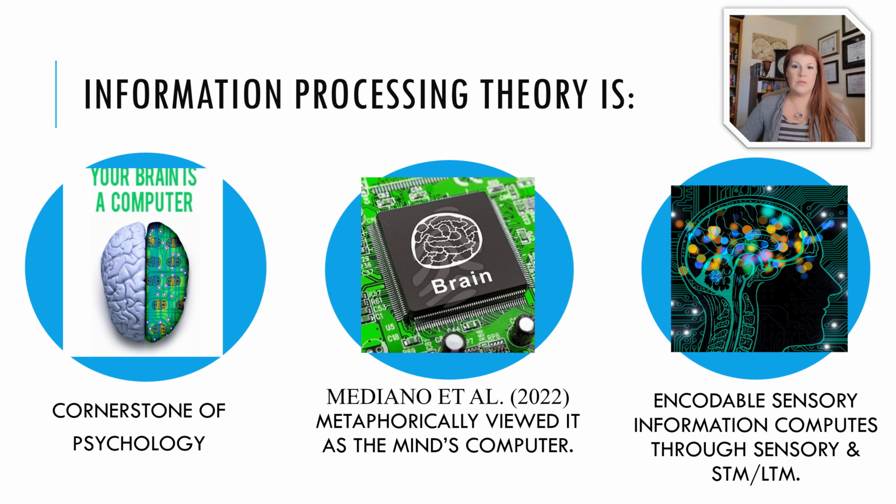Mediano et al., 2022, surmise that the brain is metaphorically comparable to the internal infrastructure of a computer. Thus, our brain is the human equivalent of a CPU, or in other words, the central processing unit in the human body, which is kind of neat if you think about it.